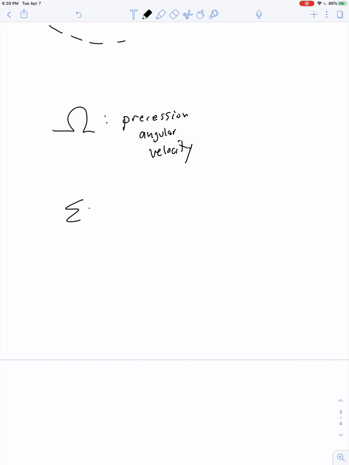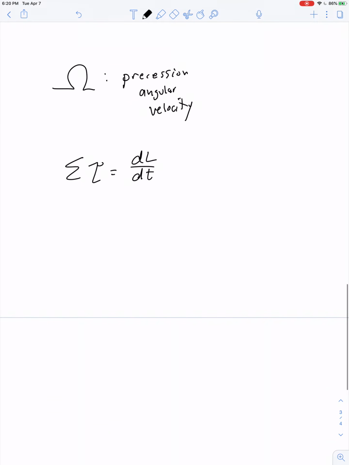Let's go back to net torque equals dL/dt. So the net torque is due to the force of gravity acting at a lever arm of r. So again, let me draw the bike wheel, remind you what I'm talking about.